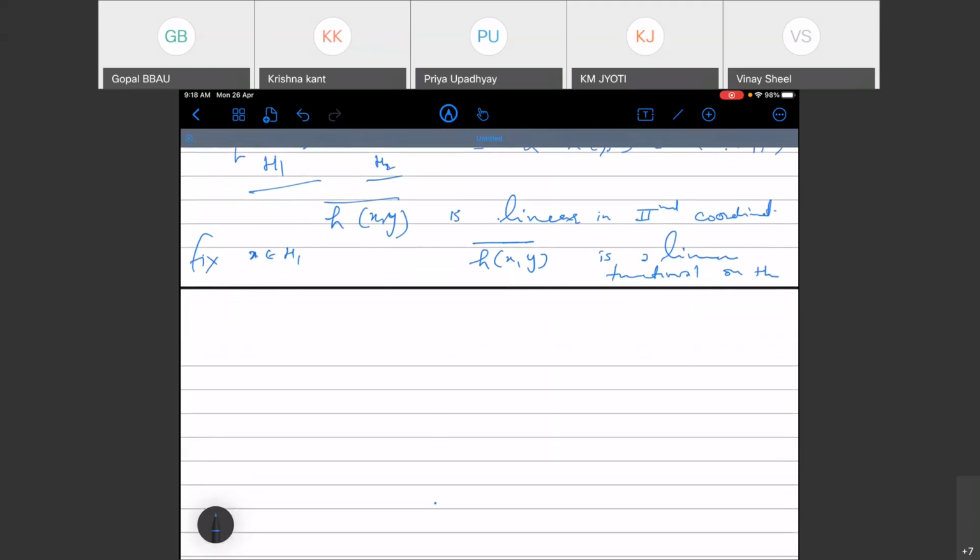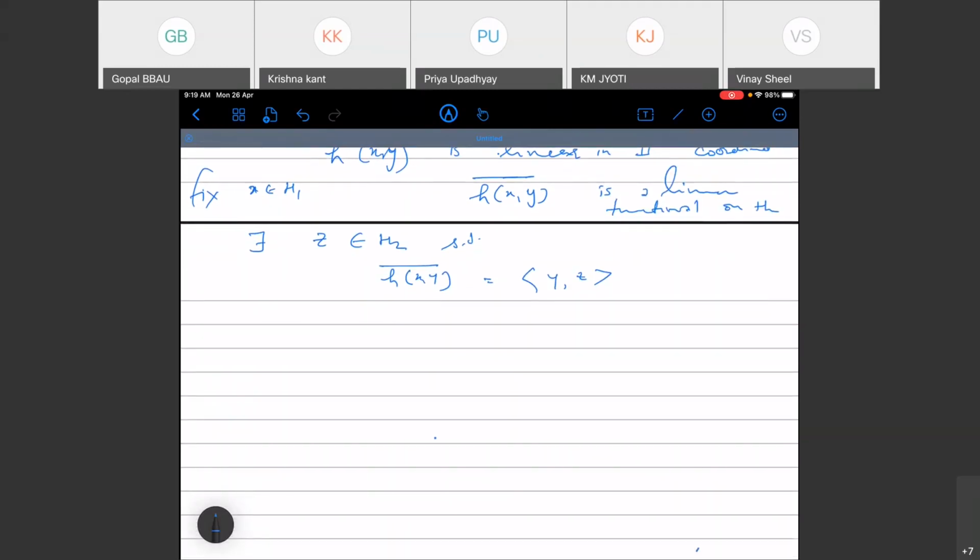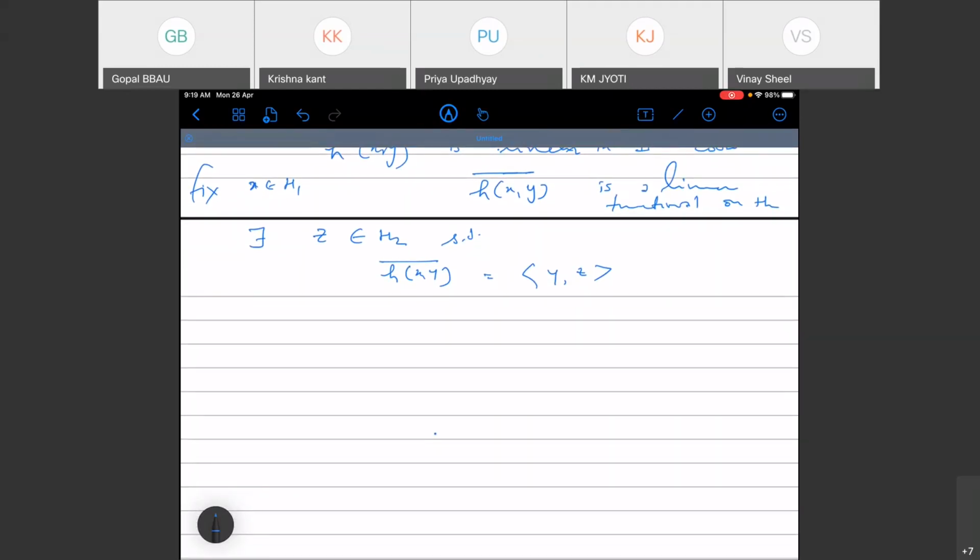So by the representation theorem, there exists z in h2 such that h bar x y is the inner product y comma z. And from here, let's see z comma y.